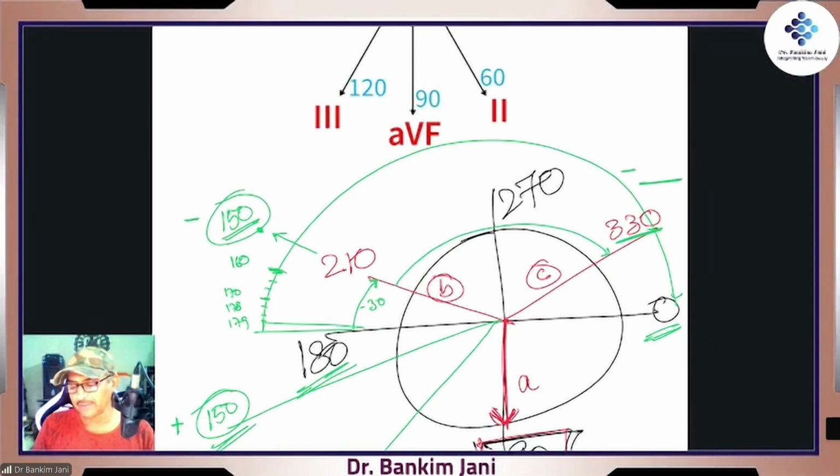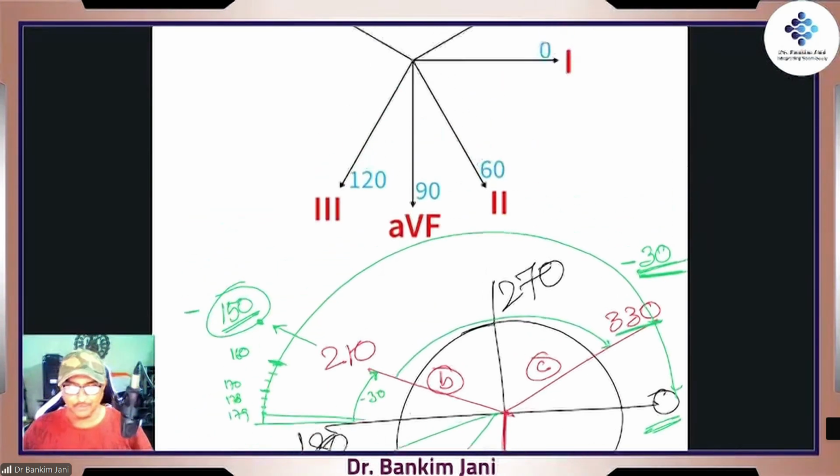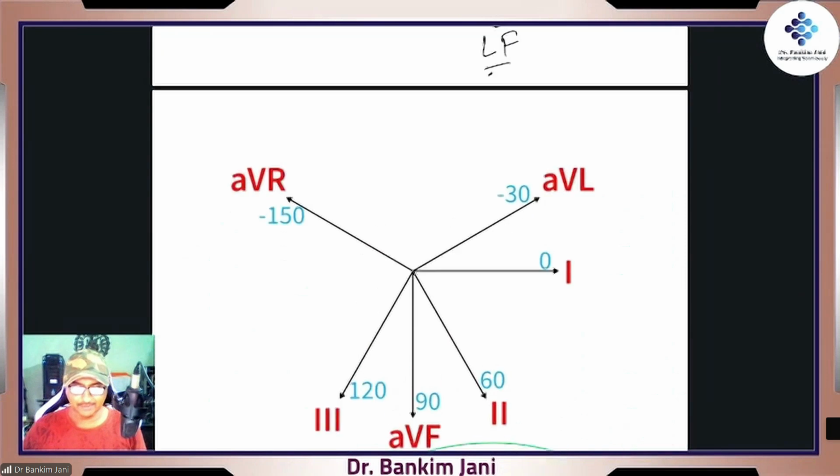Negative which number? That's right. Why only one answer? Which number is this? 2, 3, 6. This is minus 30. Correct. Negative 30.